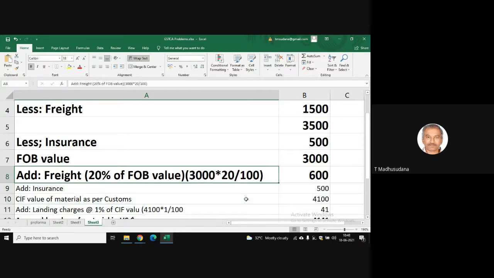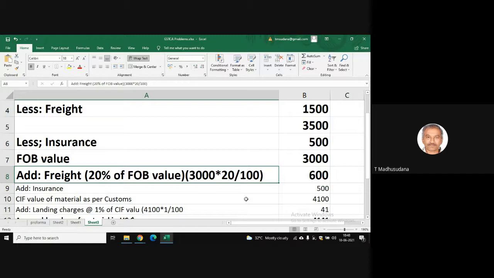While adding the freight, the condition laid down in the Customs Act is that freight expenses are allowed only up to 20% of the FOB value.